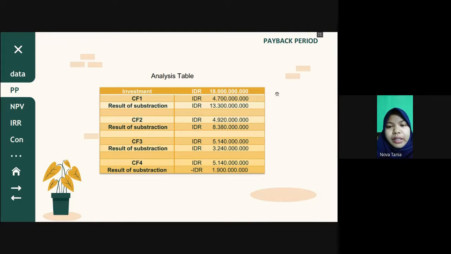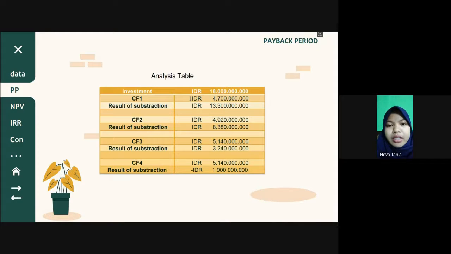And then continue the analysis table. From the question, we have information that the investment is 18 billion rupiah, and then the cash flow in the first year is 4,7 billion rupiah, and then we subtract 18 billion rupiah minus 4,7 billion rupiah.